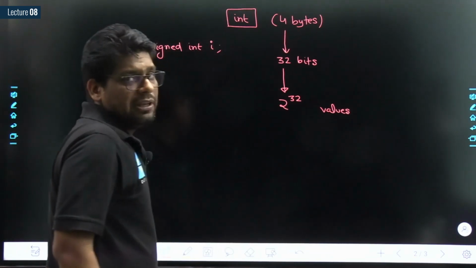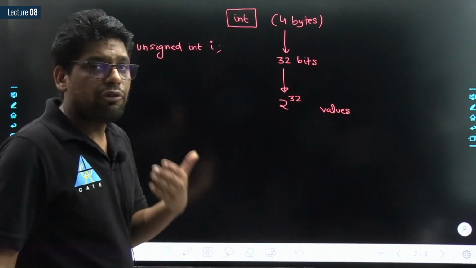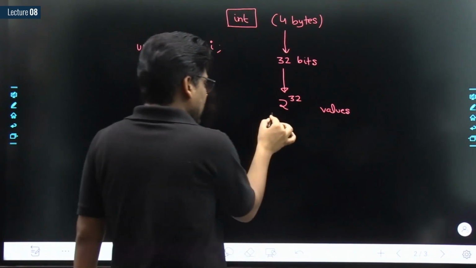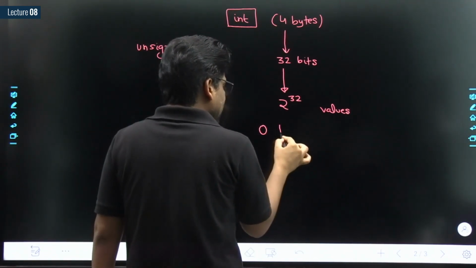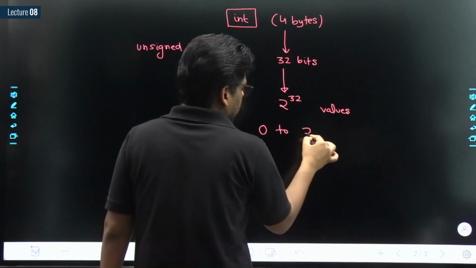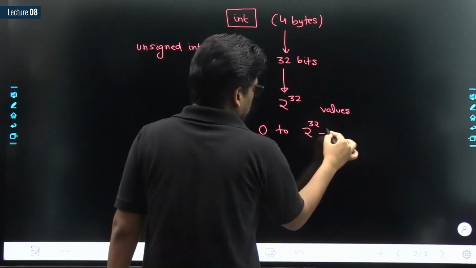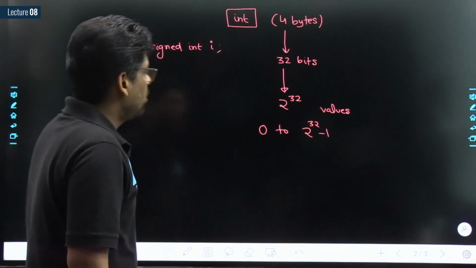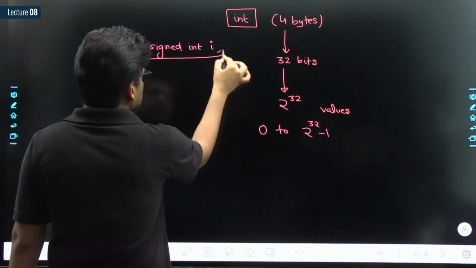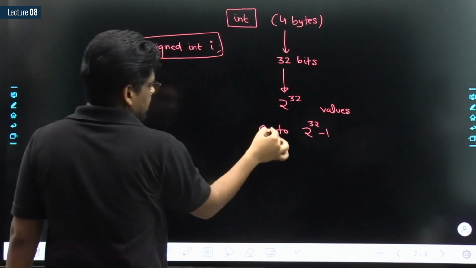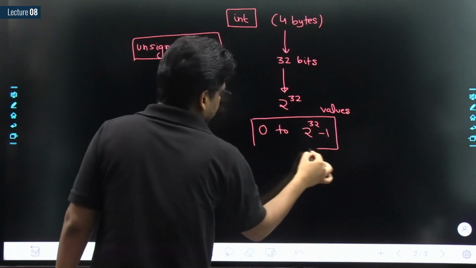But are we starting our counting from 1? No, sir, we are starting our counting from 0. That is why the last number is 2 to the power 32 minus 1. So this is the range of unsigned int.